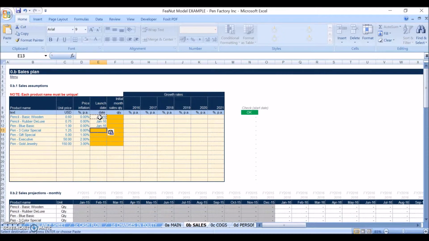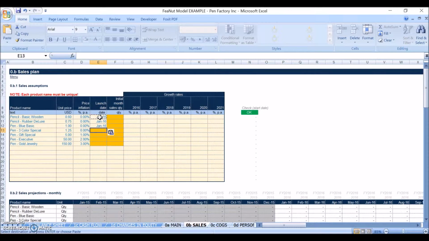For the other product lines, let's assume that we will launch them later. So we will start with some basic products and then we will add some additional product ranges, which is common for many businesses to start with some basic product ranges and then you increase the variety of your product offerings.